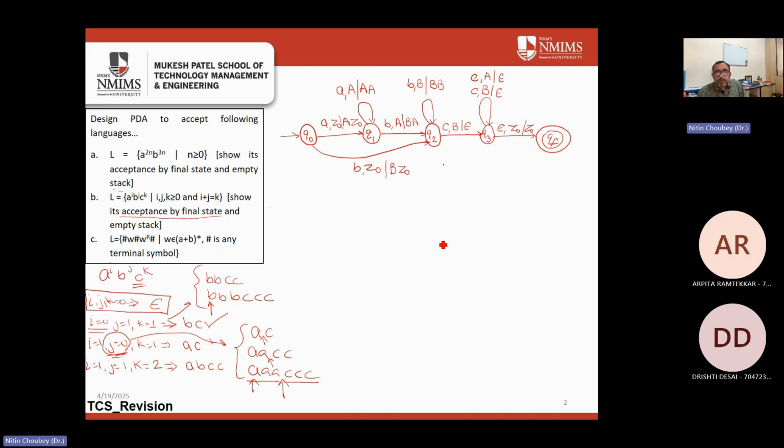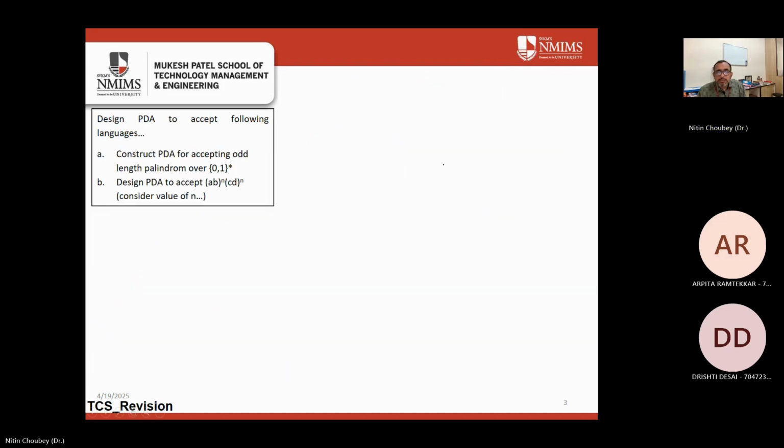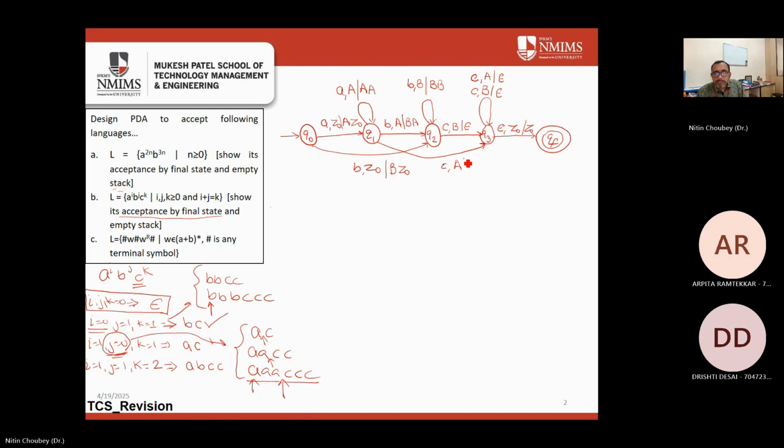So that means in Q1, we will never get a scene like this, B comma A, because B is not available. After A's, we will have directly C's. So from here, directly we'll switch over to this: C on A, C on A, epsilon.